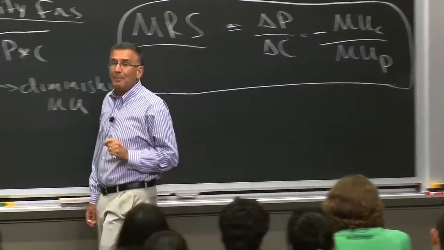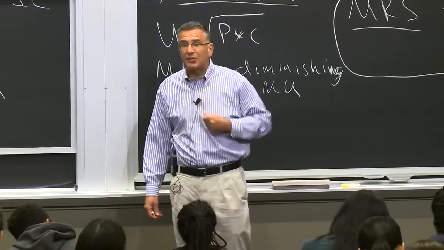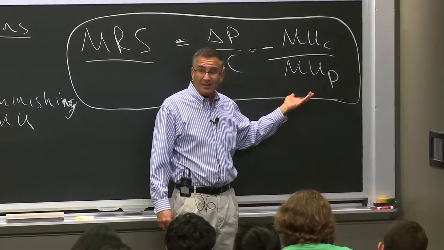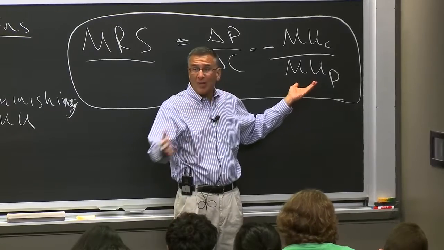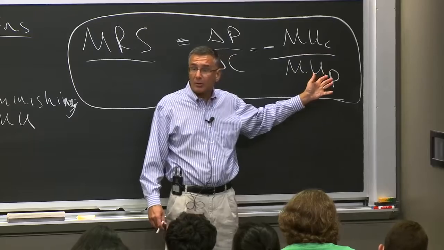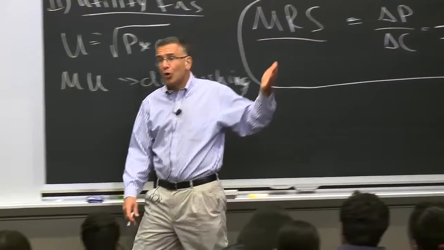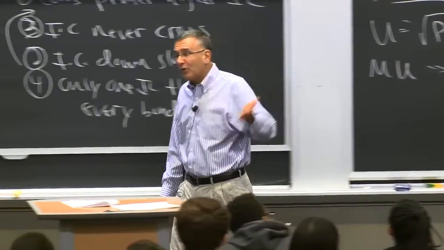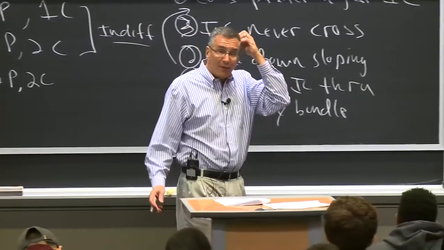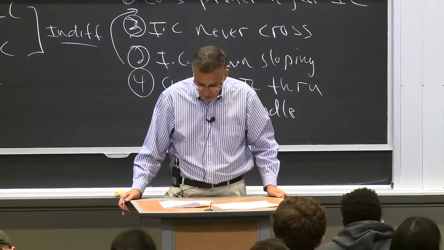Now let's move to point B and think about your next decision. Now, if you're going to go from 2 to 1 slice of pizza, pizza's worth a lot more than cookies. So now the ratio gets smaller. Essentially, as you move along that indifference curve, diminishing marginal utility leads to a diminishing marginal rate of substitution.